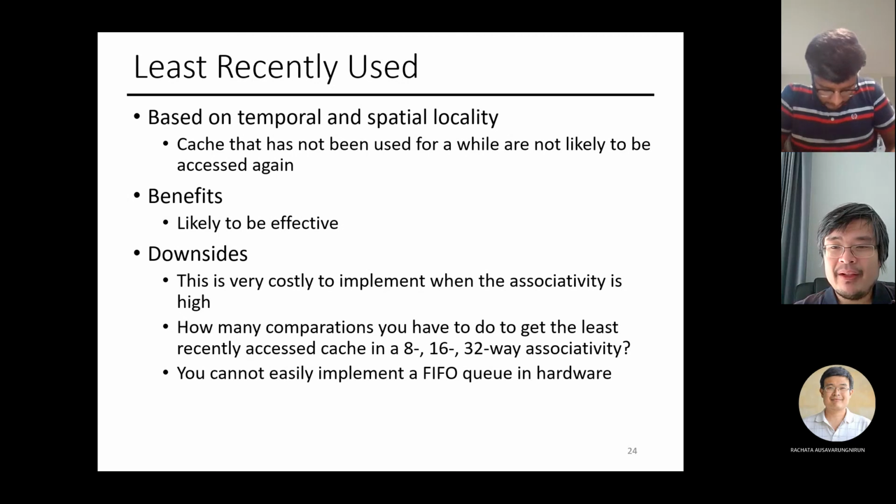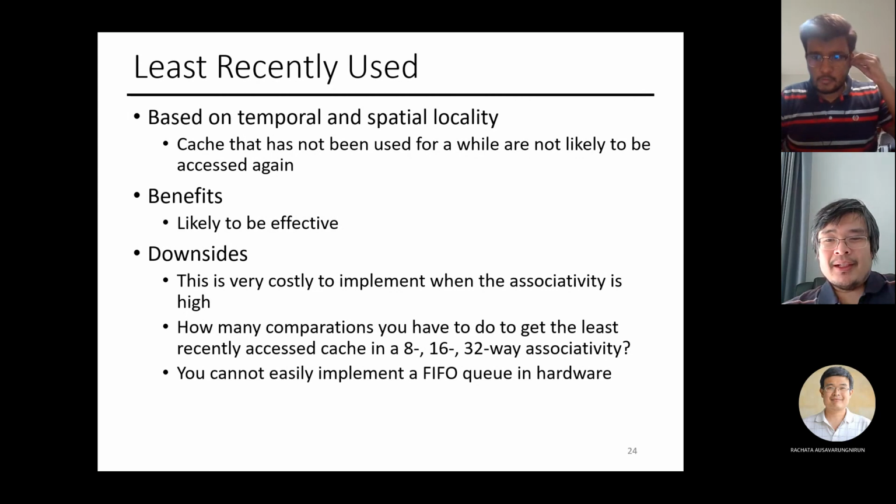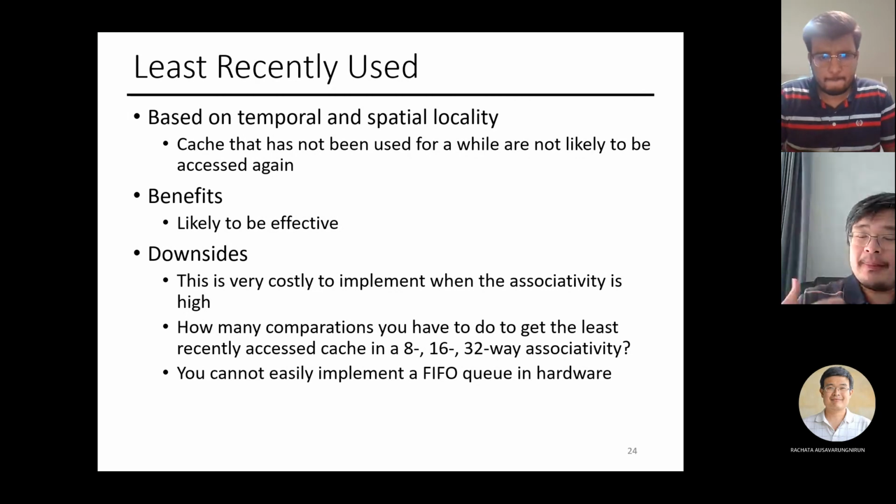Yes, like first in, first out, as you have mentioned. So basically, you need to be able to sort, in some sense, and every time you have a new access, you have to update the sort order, which is not easy.